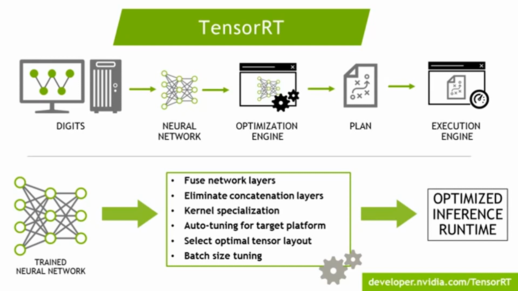TensorRT is a new addition to Jetpack 2.3, which is driving these big performance gains in deep learning. We saw TensorRT before in the DIGITS workflow. It's used for the runtime inference phase of deployment. TensorRT provides up to double the performance or more by optimizing the network graph structure, fusing CUDA kernels, and reducing memory bandwidth demands.